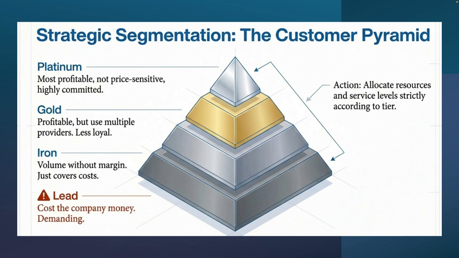Then it goes to the bottom, where you might even have customers who are costing the company money. If you're operating a loyalty program and you have somebody who's a member but never stays, they're a cost, and you've got to remove them from your program in a nice way, of course.